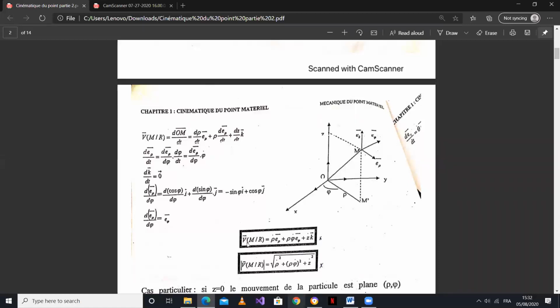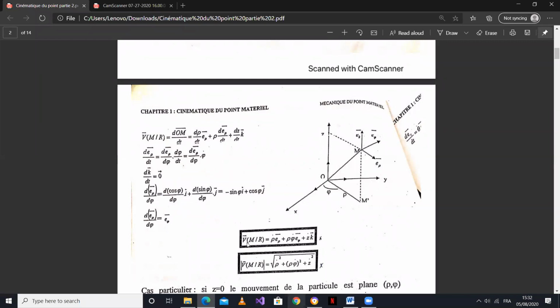You are supposed to know it by heart, but don't memorize it just yet. Know how to derive it, how to get to it. So practice, get your vector OM equal to rho heureux plus zk, then derive that expression and arrive at the Vitess and continue with it.